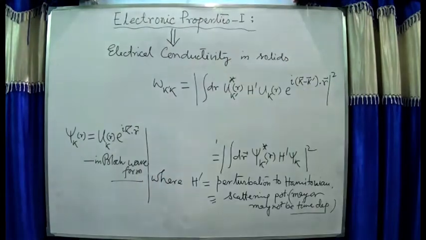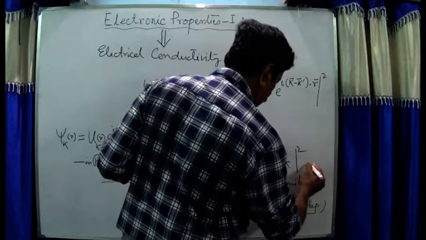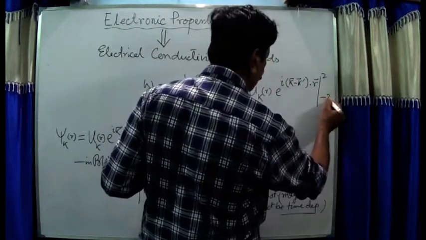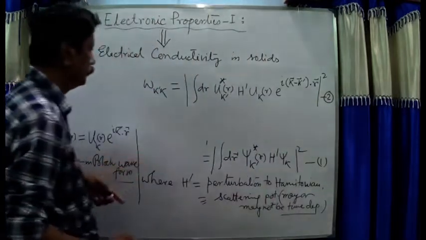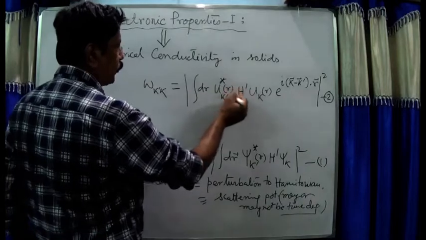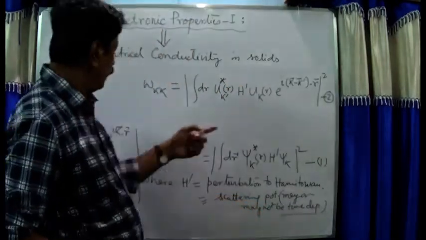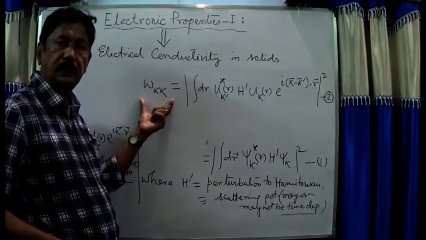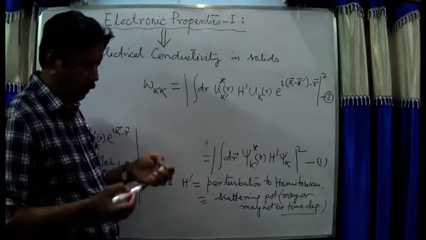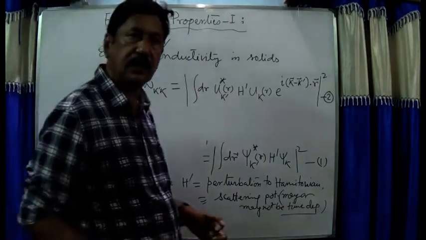Let us mark the first equation as 1 and this equation as 2. With the choice of H prime, we will have a different W k prime k value. So let us see how it will look for different cases.